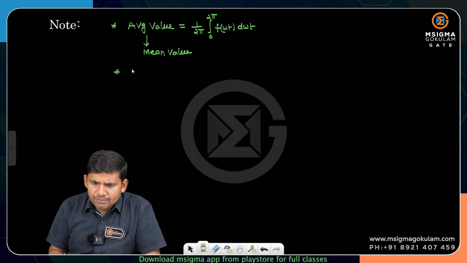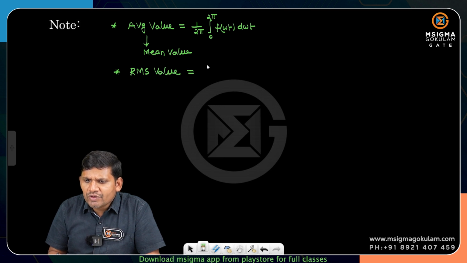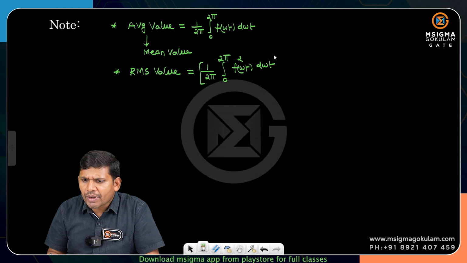Then how to find the RMS value? The RMS value is written as 1 by 2 pi integral 0 to 2 pi f of omega t whole square d omega t, whole to the power of 1 by 2.